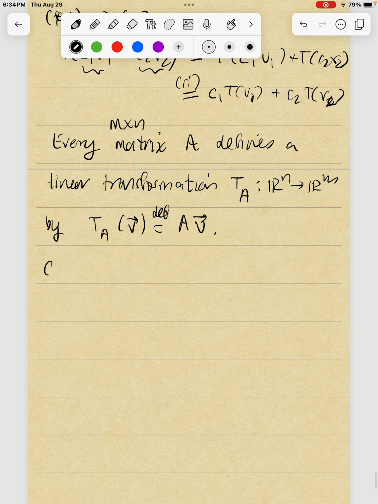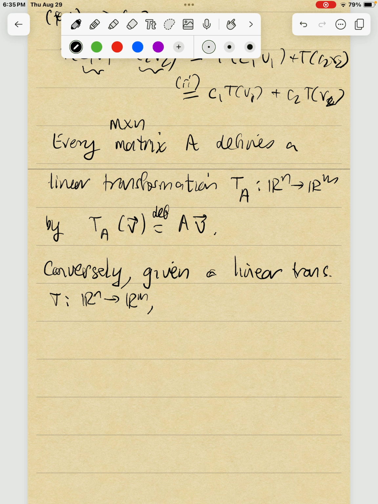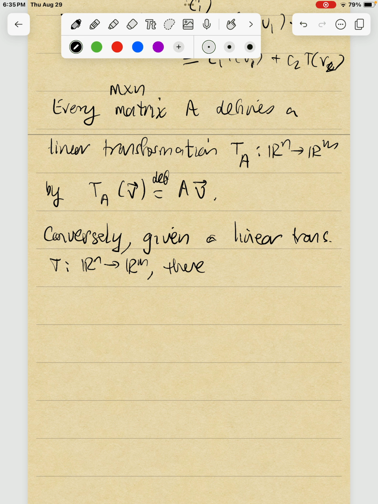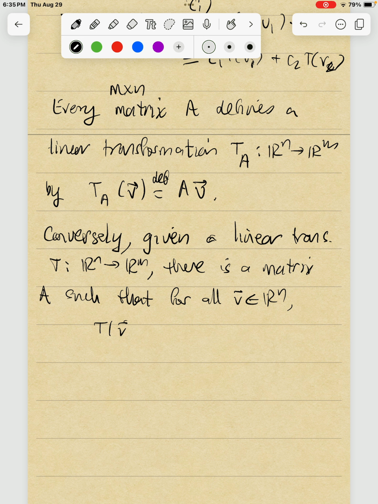And conversely, whenever you have a linear transformation, given a linear transformation T from Rn to Rm, there is a matrix A such that for all v in Rn, T of v equals A times v.